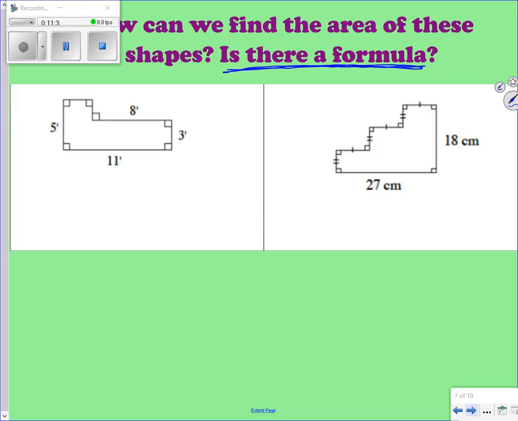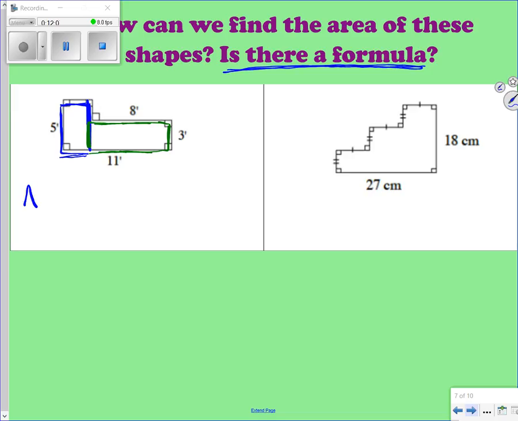I see this shape here, and what I see is 2 rectangles. Sorry, my calibration's a little off here, right? I see this 1 rectangle, and then I see this green rectangle over here. So what I'm going to do is find the area of both rectangles and then add them together. I like to really trace those rectangles so I know what I'm dealing with.